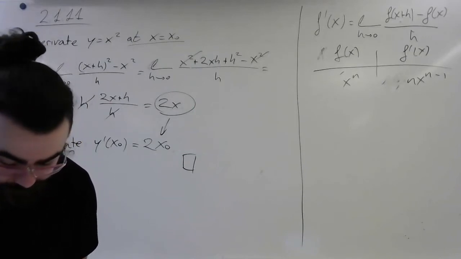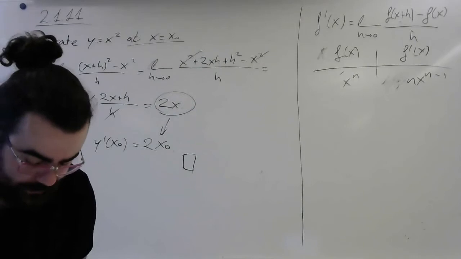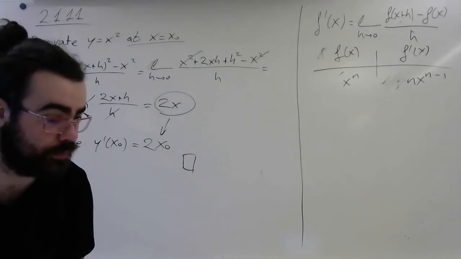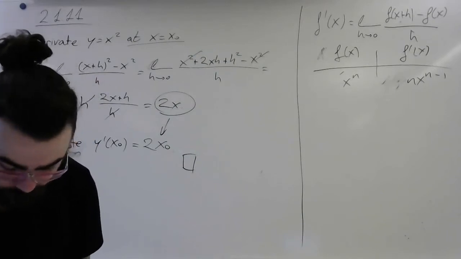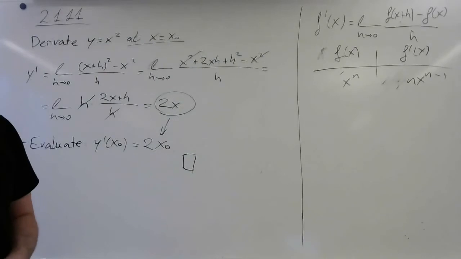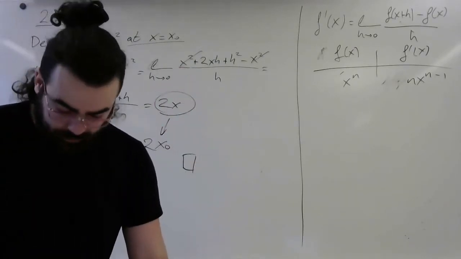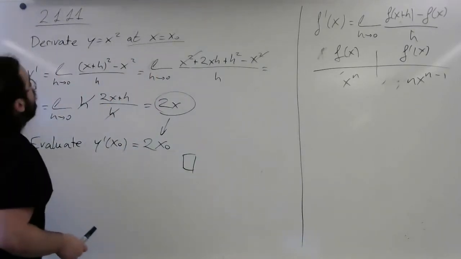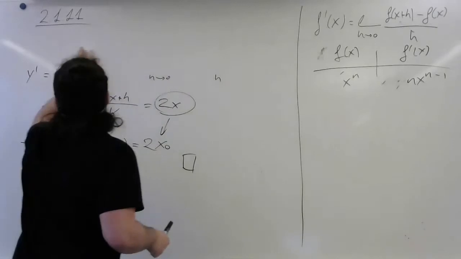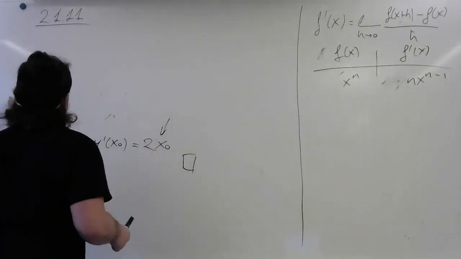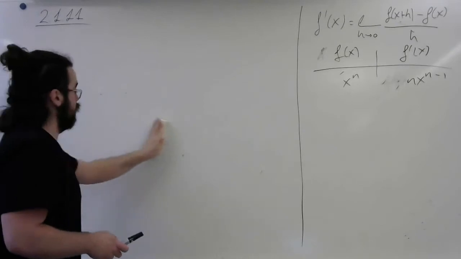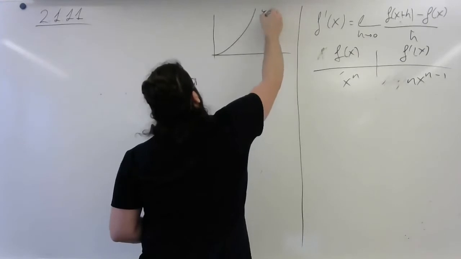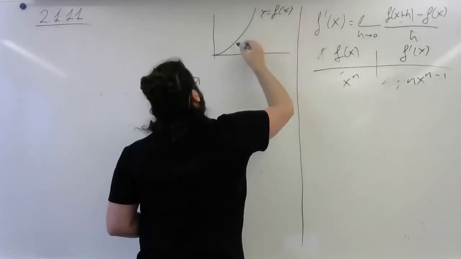So in a last step, interpreting this result means that at point x0, the tangent line has a slope 2x0, which means parabolas go up pretty fast if you think about it. Now, another little refresher. This is the axis. This is function f of x.